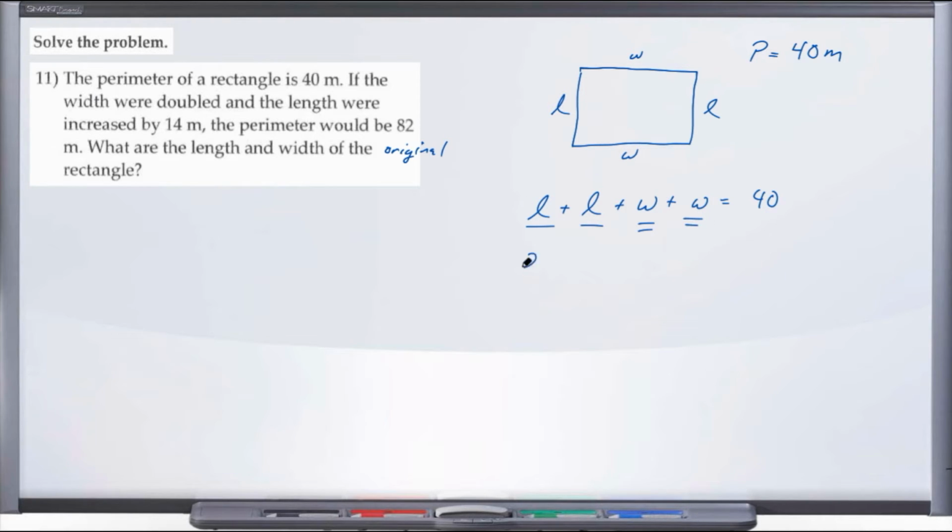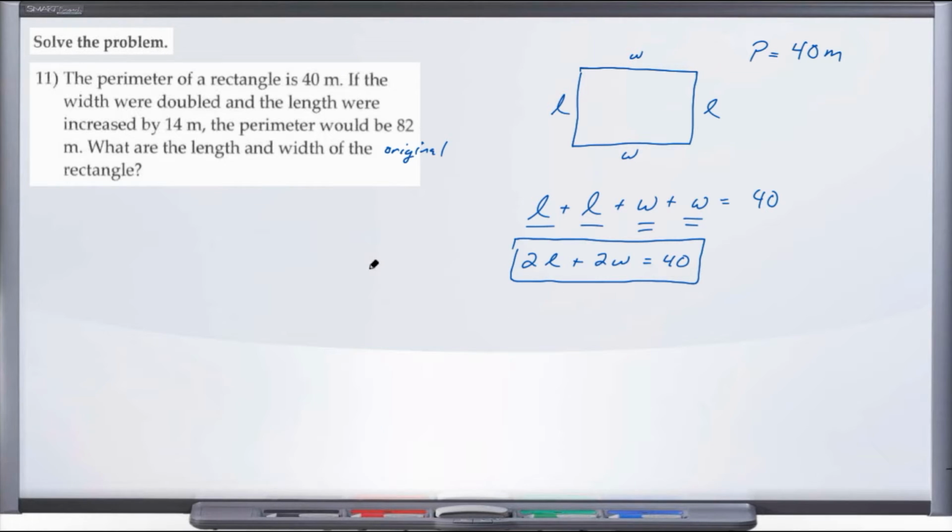So this would be 2L plus 2W equals 40. And that's how we could solve for the perimeter, assuming that it was 40, using this equation here. But they don't want us necessarily to use this information because they give us some additional information that they want us to use in conjunction with this equation.